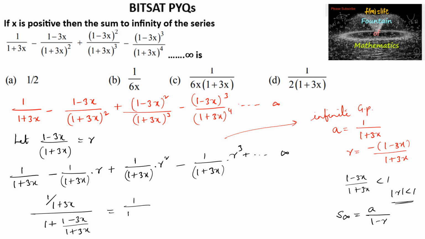So we can write 1 upon 1 plus 3x into (1 plus 3x) upon (1 plus 3x plus 1 minus 3x). We may cancel 1 plus 3x, and we can write 1 upon 2, as 3x gets cancelled. So 1 upon 2 is the sum to infinity of the given series. So we can go with option A.